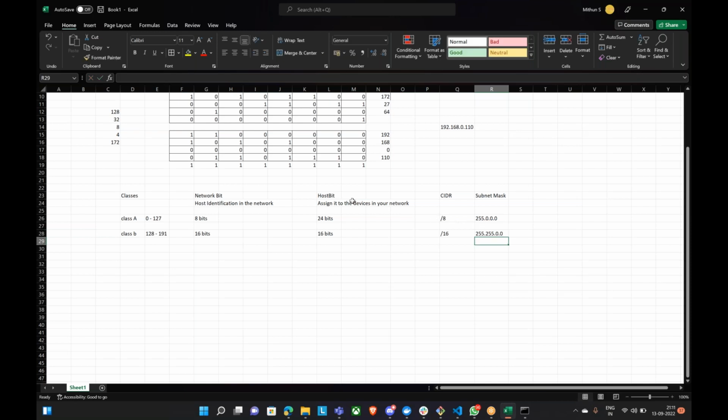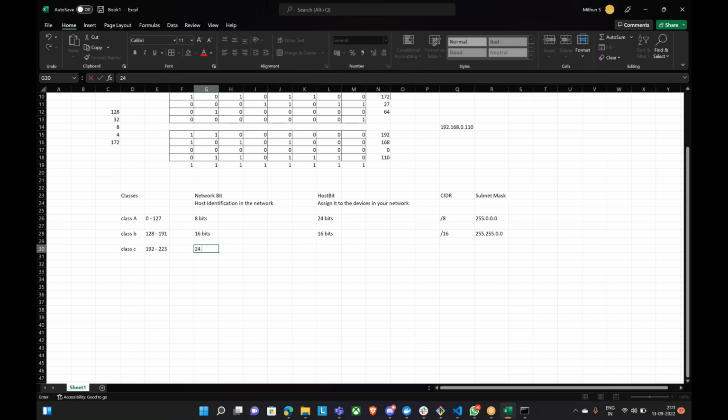If you get to know this calculation for any one class, the remaining classes you will be able to calculate very easily without any hiccups. Then class C, 192 to 223.